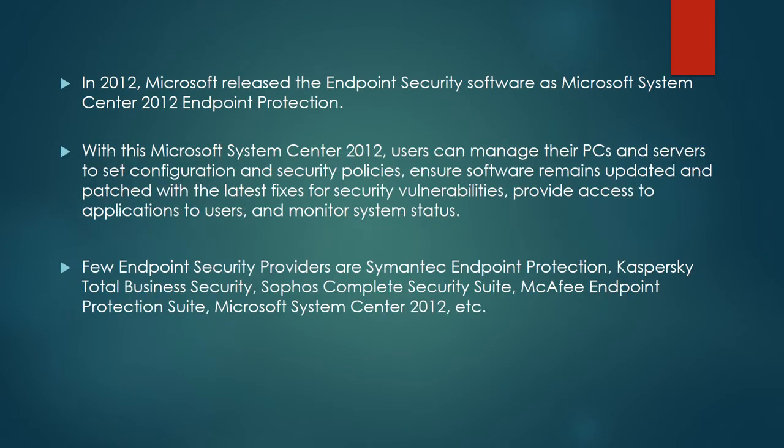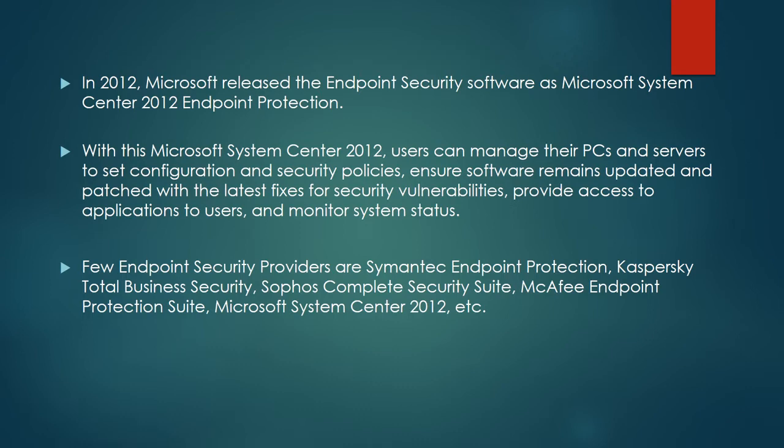There were many network and system security software products released in the early 2000s or 2005, some of which are from Microsoft, Symantec, McAfee, etc. In 2002, Microsoft released the endpoint security software, which is also known as Microsoft System Center 2012 Endpoint Protection.